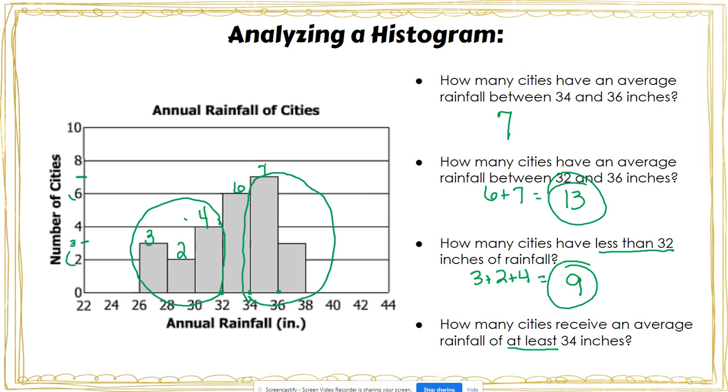I already know that this one has 7 cities, so let's look at this one. This one goes up to right here, which is 3. So there are 3 cities that have a rainfall between 36 and 38 inches. So to figure out how many have a rainfall of at least 34 inches, I'm going to add 7 plus 3 to get a total of 10 cities.